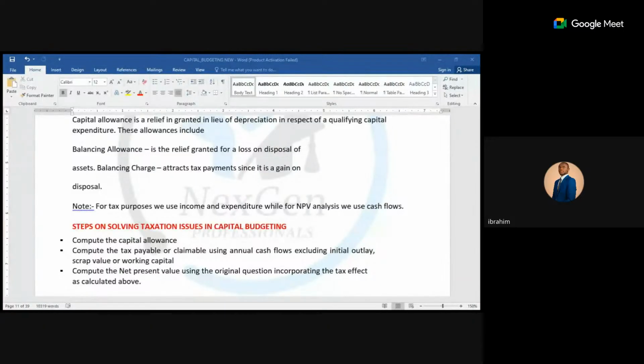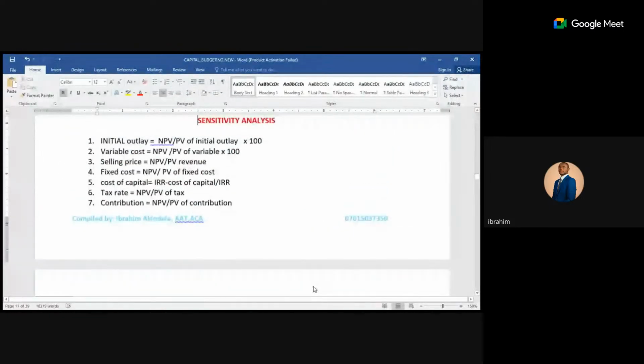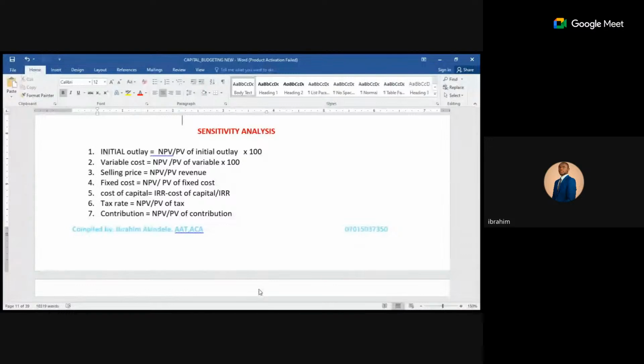Then, let's say the lifespan of that asset is 5 years, to last for 5 years normally, and in the last year they dispose the asset. The law says that in the last year that you dispose that asset, you will not claim any allowance on it unless it is balancing allowance.